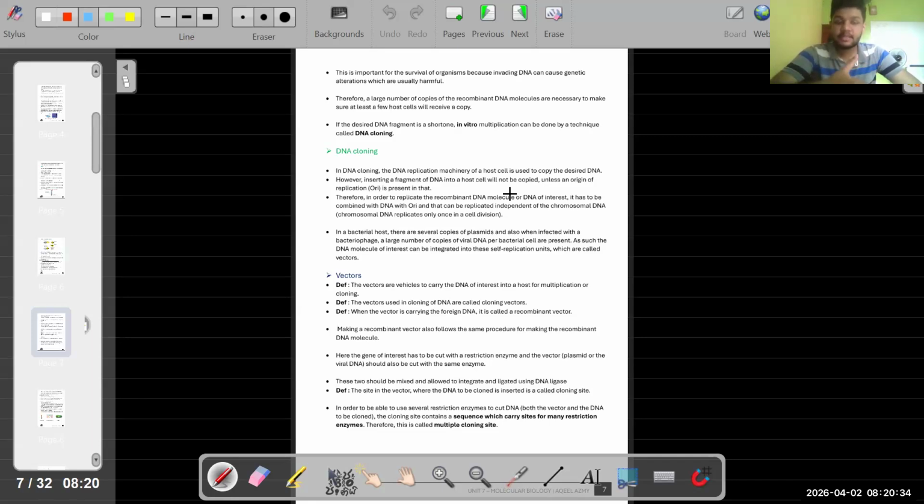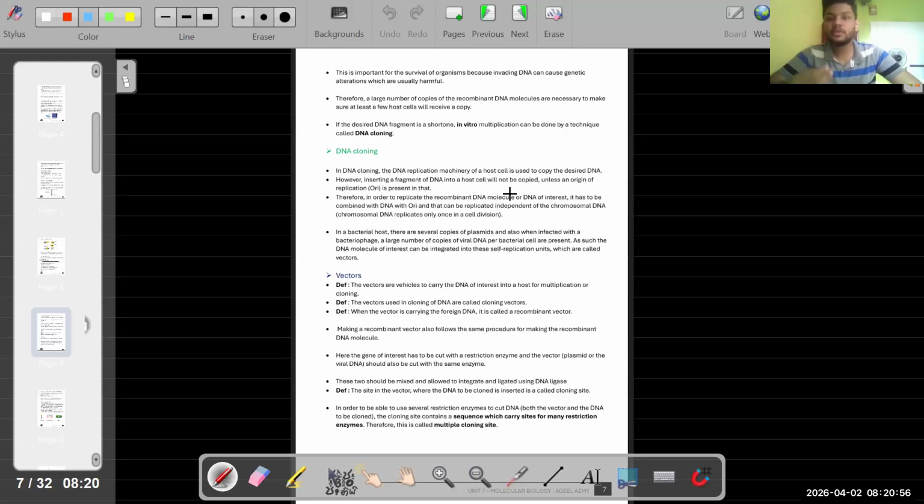Now we think, what if we extract the DNA and insert it into another organism? We just experimentally think, what if? So we extract that DNA and insert it into this organism. But just by inserting it into the host cell, will it multiply? No. It has some set of rules.